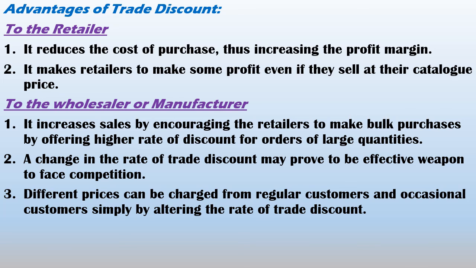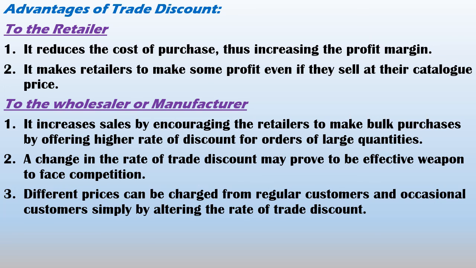So the regular customers, like a regular subscriber of that goods, or a customer purchasing that often, after every 2 months, or a regular retailer who orders that goods, will get a different rate of trade discount.